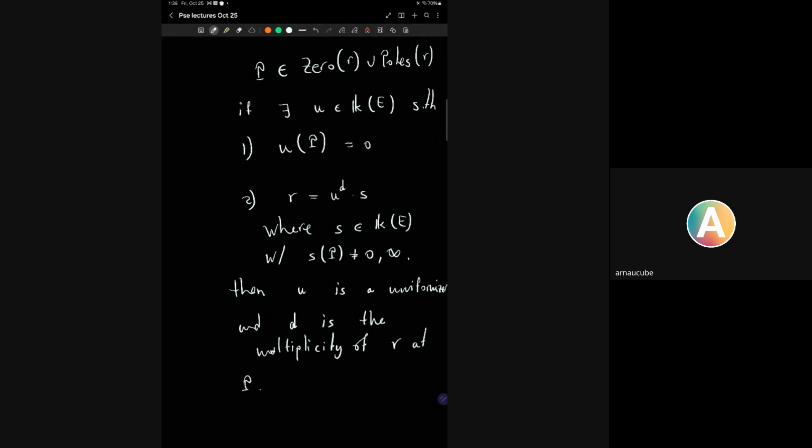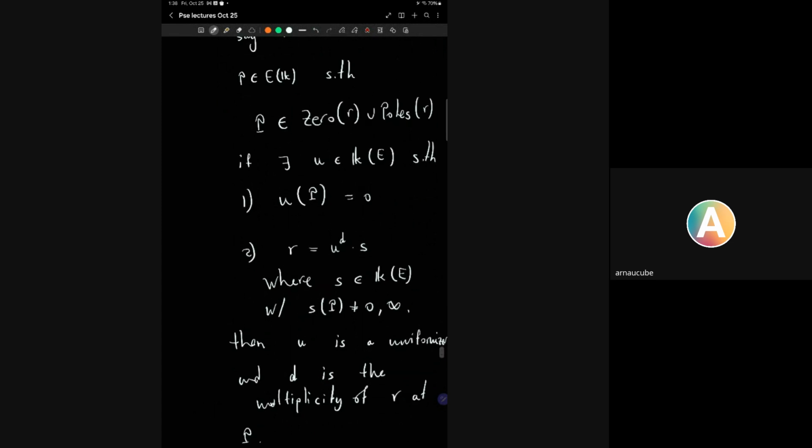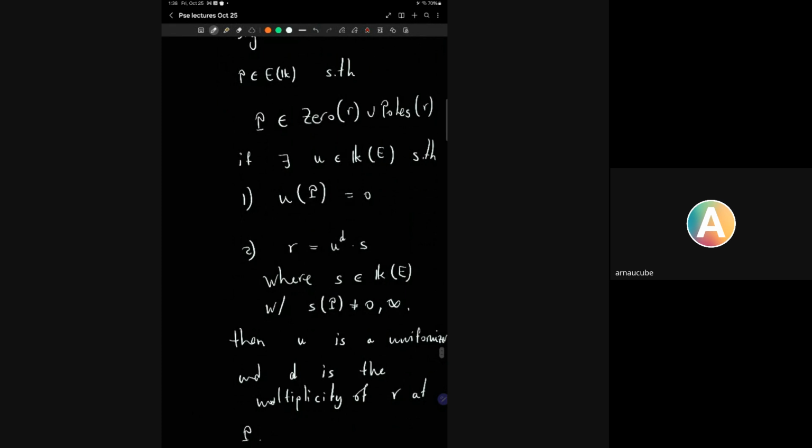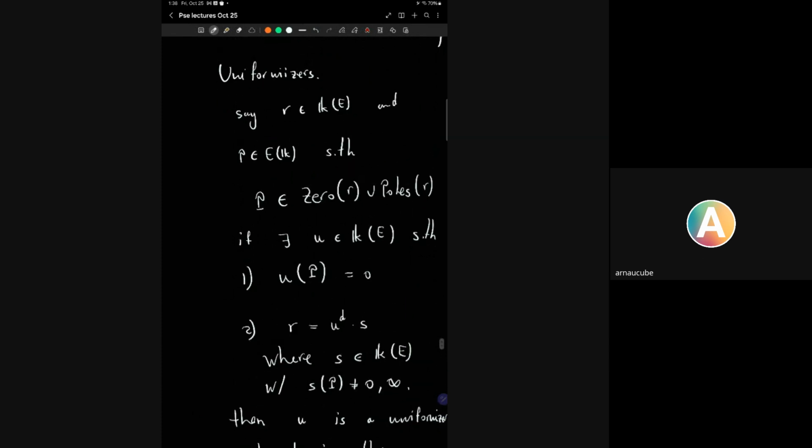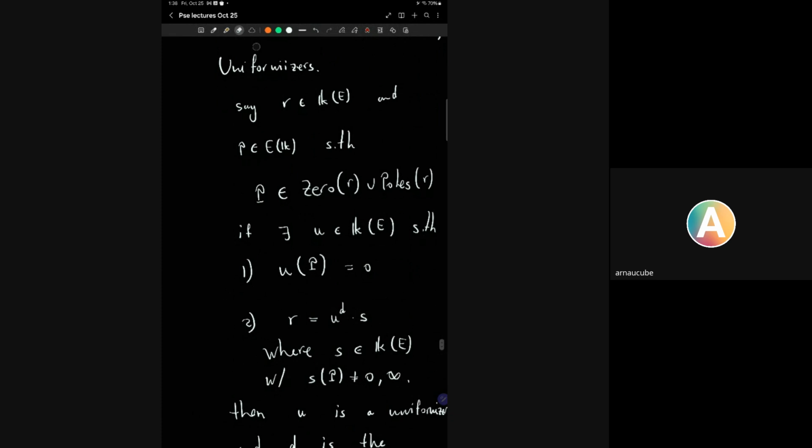And we had a theorem that uniformizers always exist. They exist. You pick a point. I need to say, to be more precise, I need to remove the quantification of rational functions.